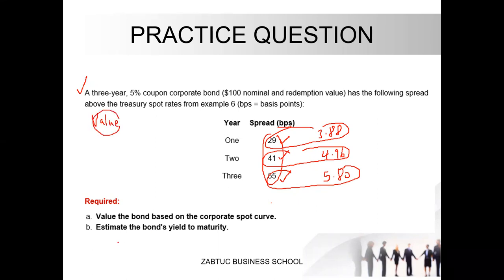After that, find the estimated bond yield to maturity. The bond yield to maturity is the internal rate of return. Find the internal rate of return. This is an exercise that I want you to do.